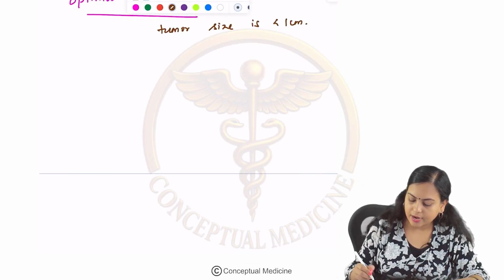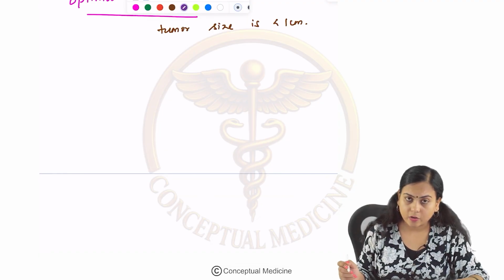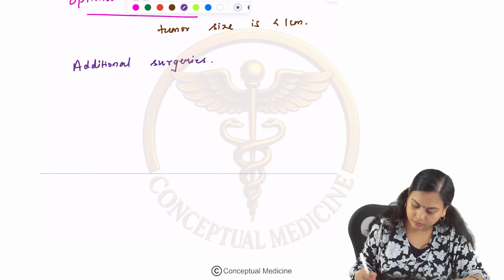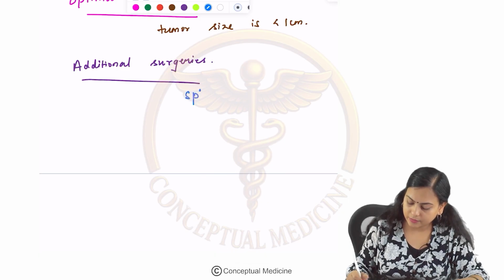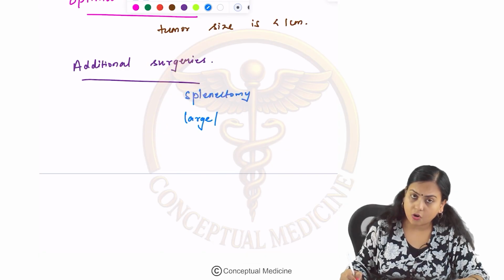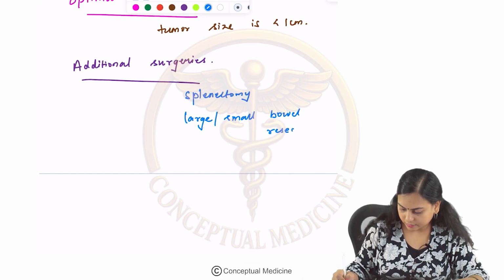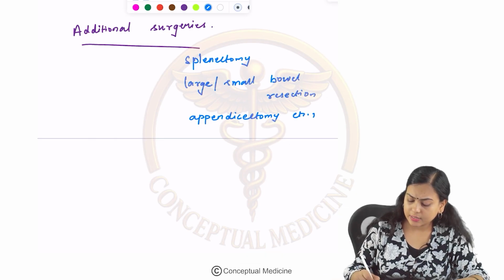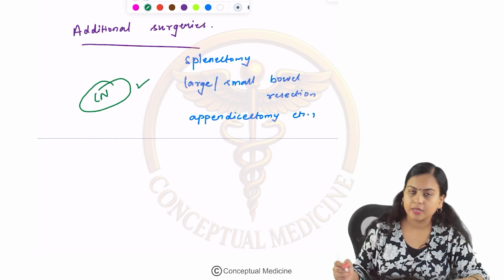Okay, and this procedure may also need additional surgeries like splenectomy, large or small bowel resection, or appendicectomy, etc. Okay, even systemic lymphadenectomy can be done. Clear?